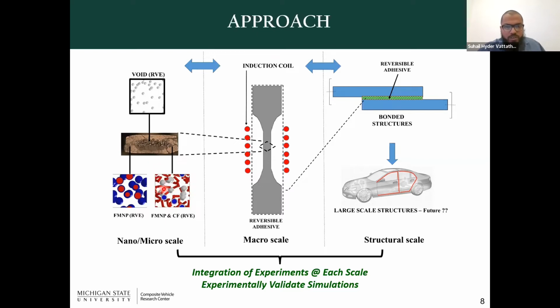You have short carbon fibers and also some other nanoparticles embedded, all of them as a cluster. So we have computational models that take into account all these heterogeneities, and we run these simulations, and eventually we get the material constitutive behavior from here, and that will be fed as the material properties for the adhesive in a macro scale lap joint. And eventually you can have experimentally validated models to optimize different factors with respect to your design.